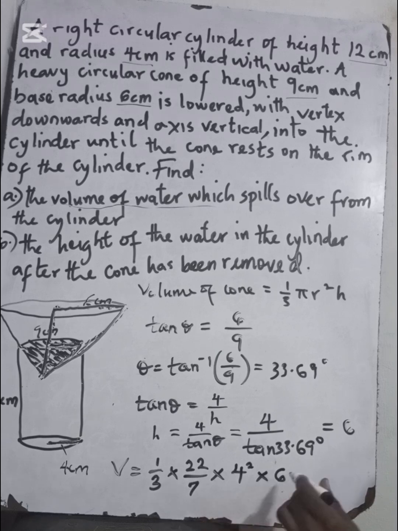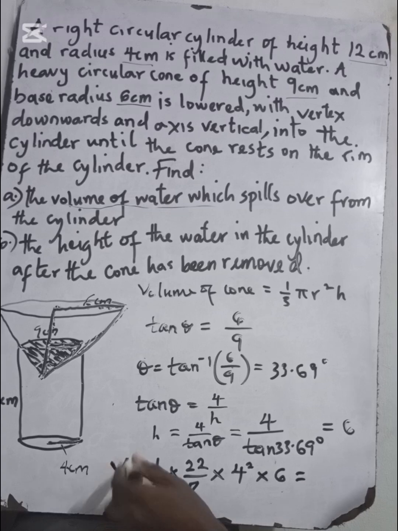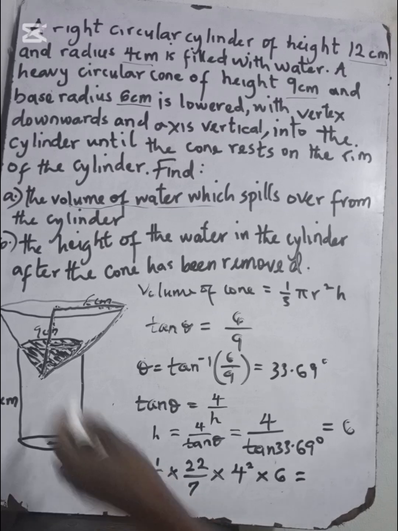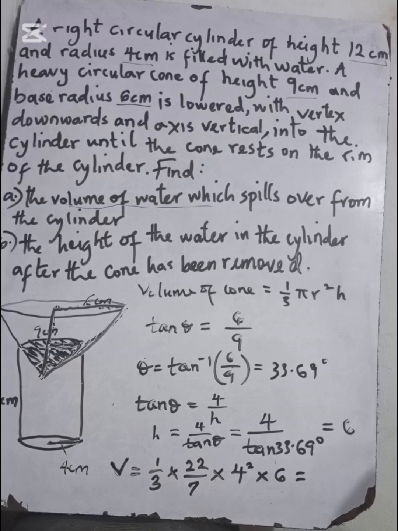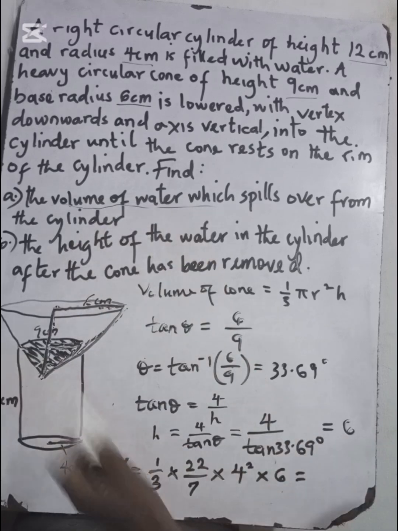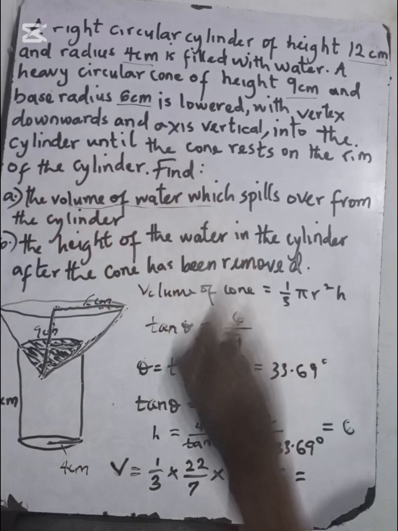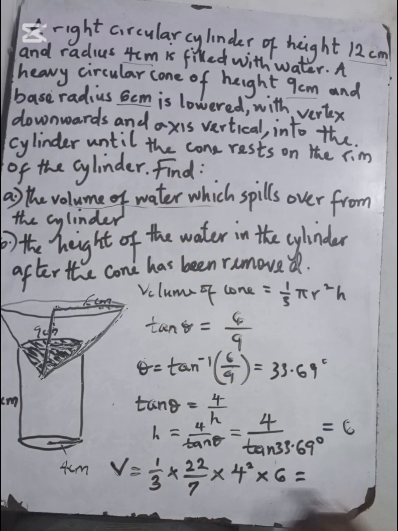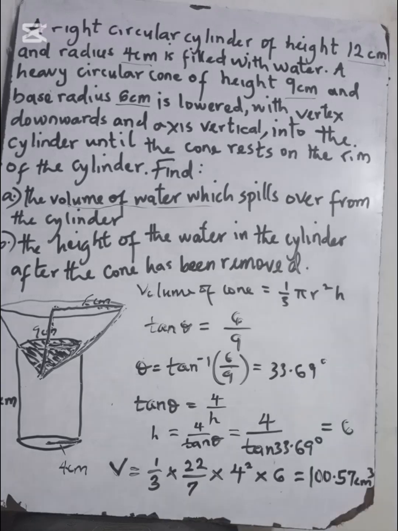Okay, so we can now simplify this. When we simplify this, that will be the volume of that little cone, which will also be the exact volume of water that spilled over, meaning we have been taking care of question A. So the simplification of this will be 6 times 16 times 22 over 21.